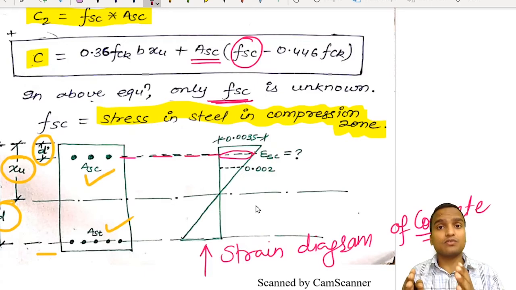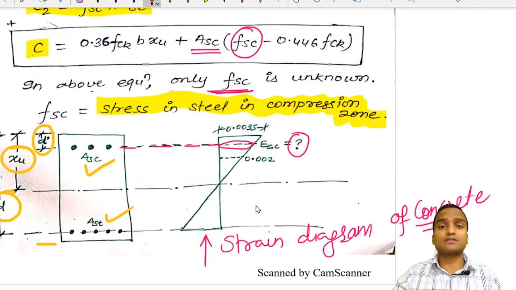So the strain in concrete will be the strain in steel also, because they are compatible there. If they are not compatible, then there would be development of cracks. So if we have calculated the strain value of concrete at that level of steel, we need not calculate the strain in steel separately. Strain in steel will be equal to the strain in concrete.